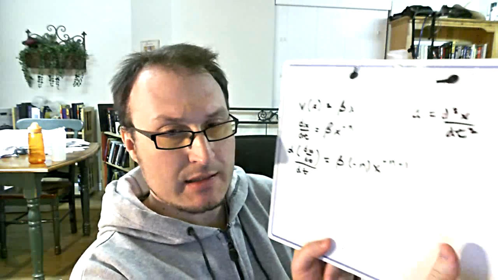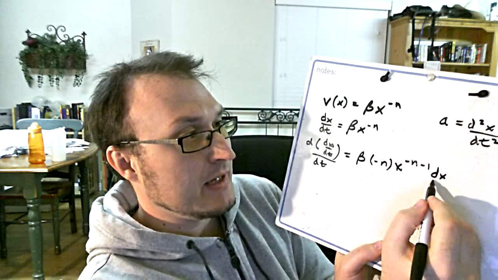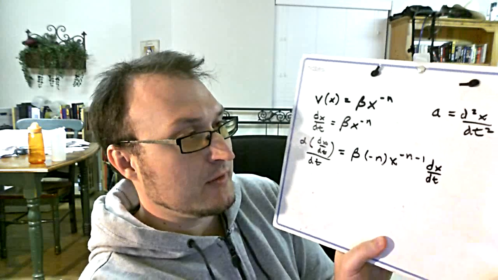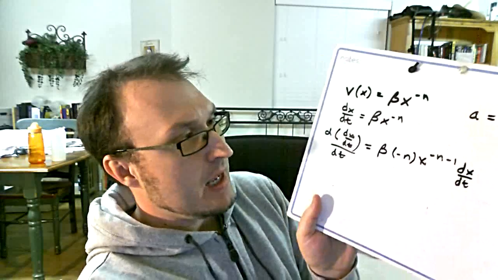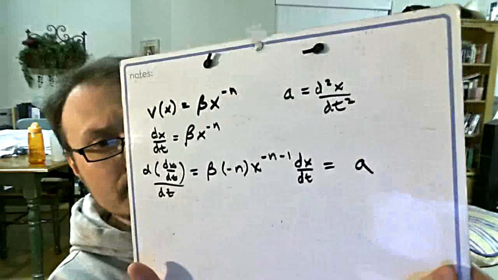It's just basically the chain rule. So I take one further derivative, the time derivative of x, and this is my acceleration as asked for in the problem.